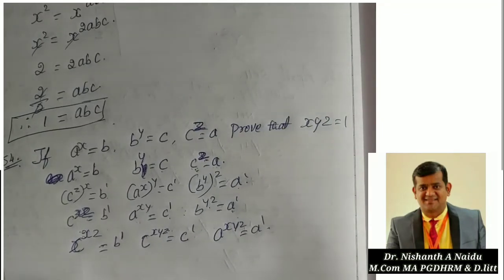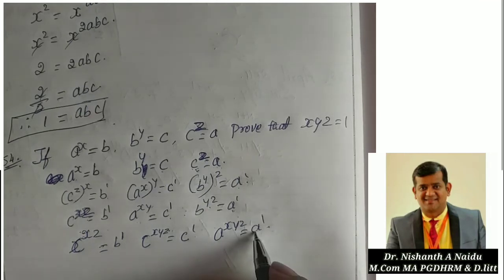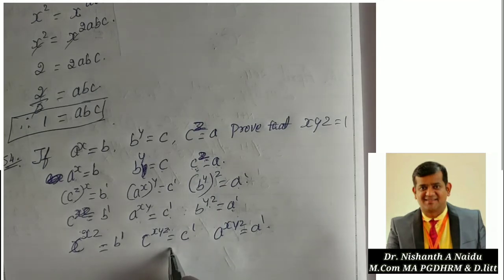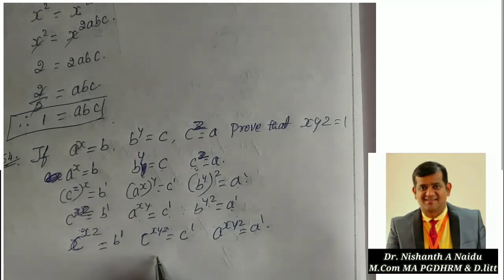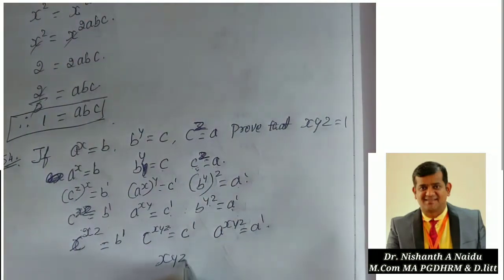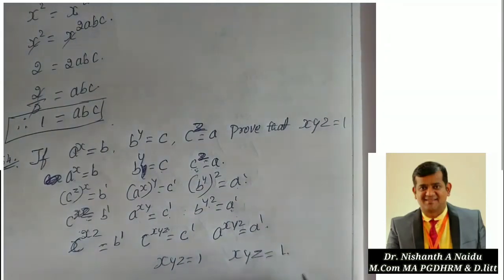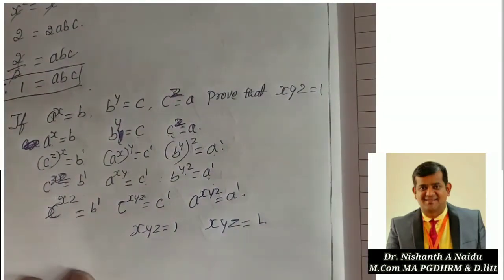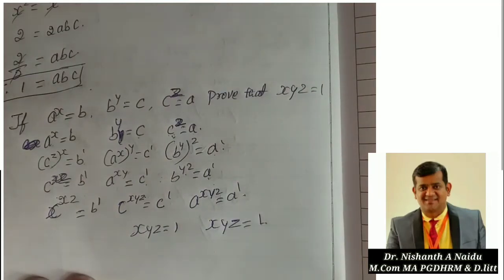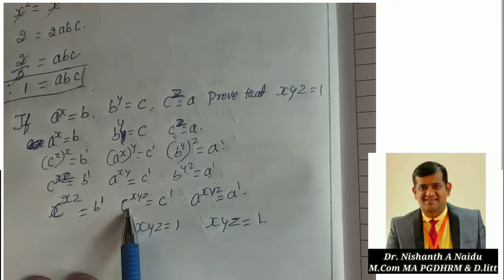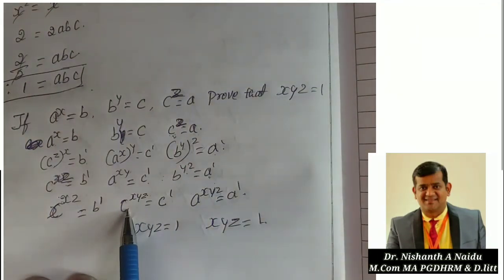So now, considering this, here xyz and xyz I got, so if you take it, xyz equals 1. I have just replaced the value of the same, okay, equal. So I have just done the equal equation, so xyz equals 1, okay.